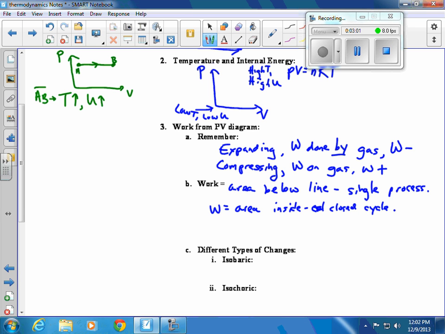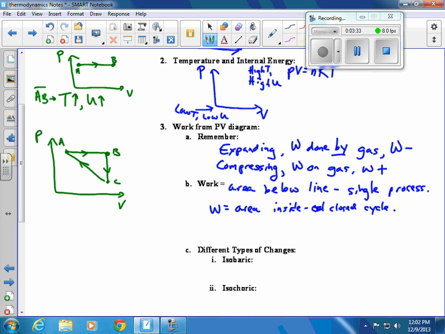Okay, so if I had something like this, P and V, and I started out here in state A, I moved over here to state B, down to state C, and then back up to A, like so. The work would be the area enclosed, the area inside that triangle. I don't go all the way down to the x-axis if I'm doing it just for a cycle.